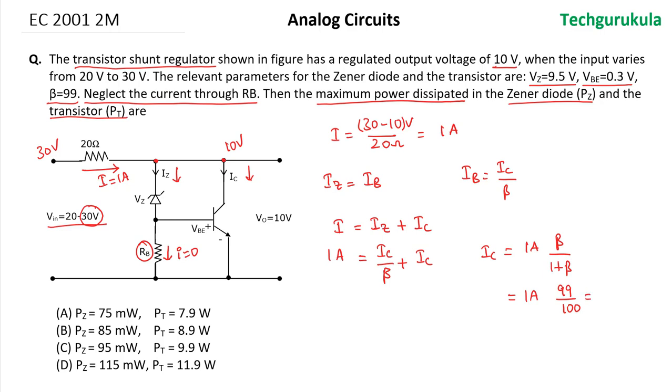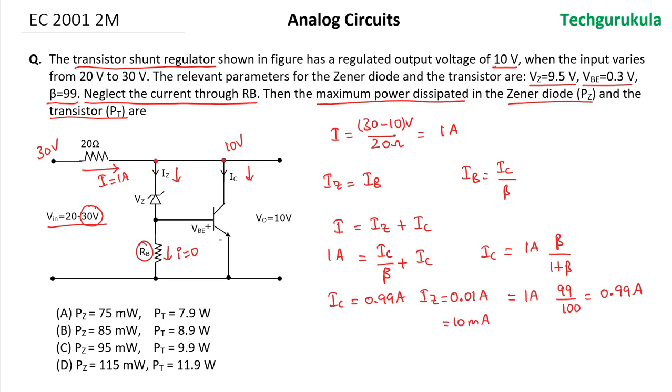This will be equal to 0.99 amperes. Now as we know, I is equal to IZ plus IC. If IC is 0.99 amperes, IZ will be 0.01 amperes, which can be written as 10 milliamperes.